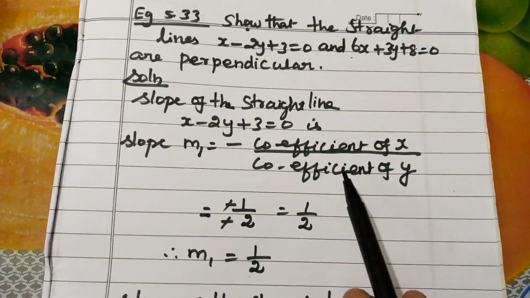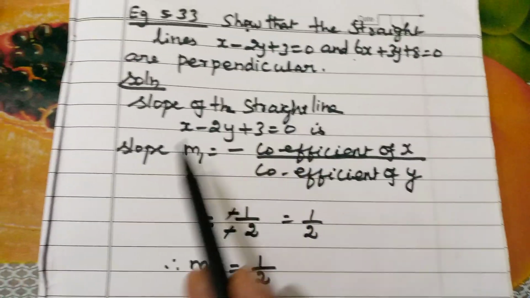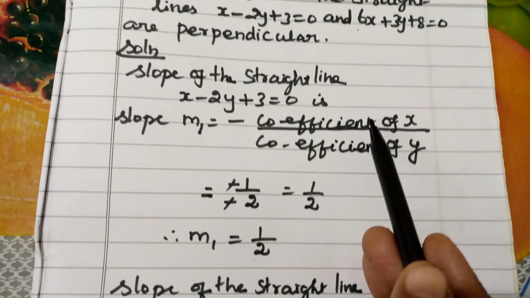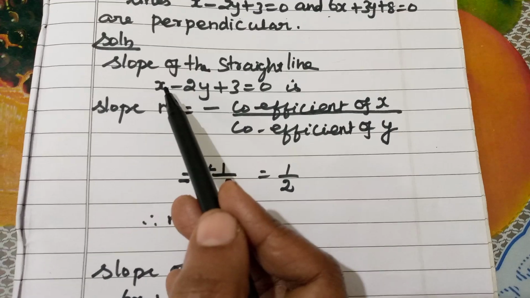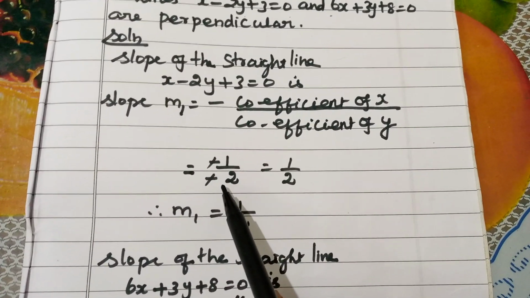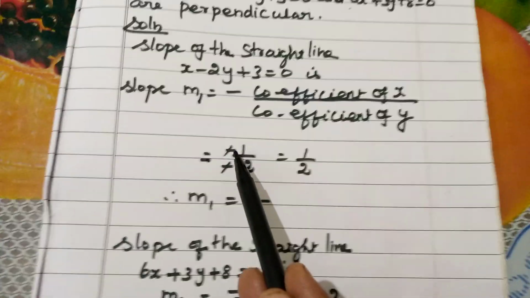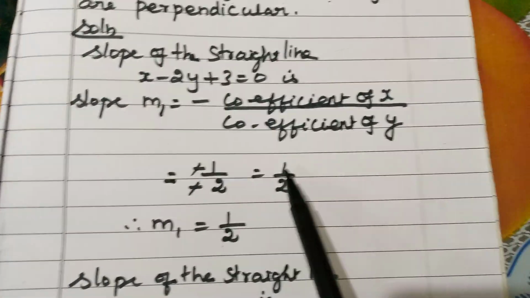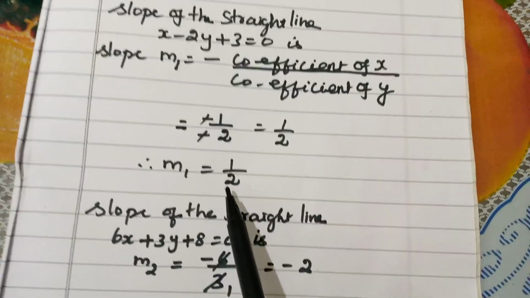Let us find the slope of the first line, that is m1. Minus coefficient of x: here x has coefficient 1, so minus 1 by coefficient of y, which is minus 2. So minus 1 by minus 2, minus minus cancels, so we get 1 by 2. Therefore the slope of the first line m1 equal to 1 by 2.